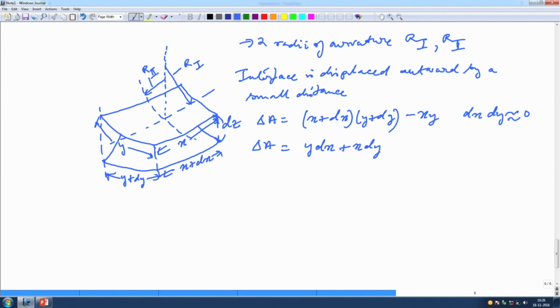Now, the work that is required to displace the surface. Let us look at what work is done because the surface has changed.